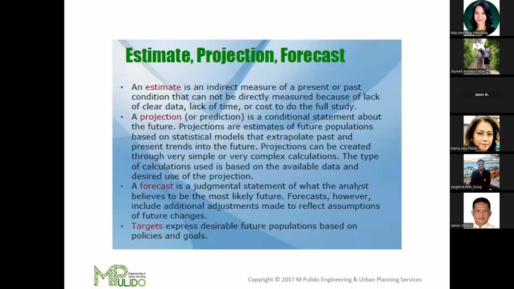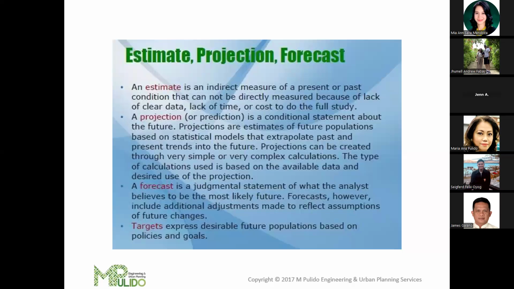Remember the first level of the Blooms, which is remembering. So, a blank is an indirect measure of a present or past condition. A, estimate. B, projection. Tapos kukumpletuhin lang niya yon just to include the four.